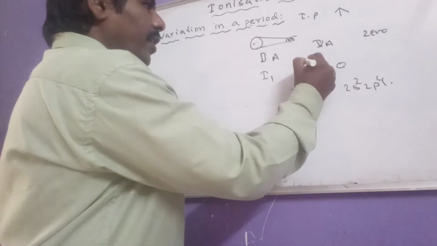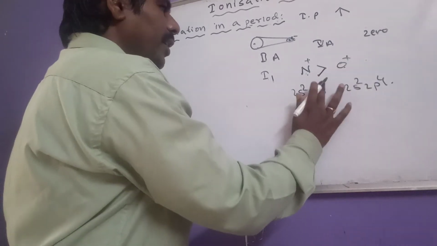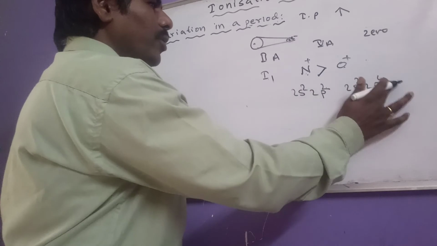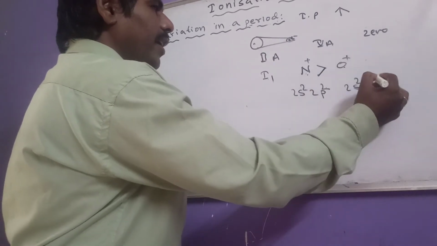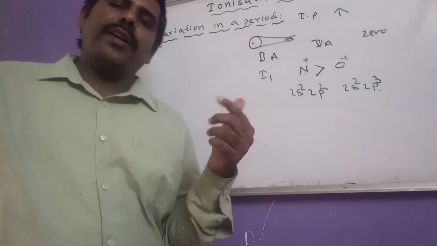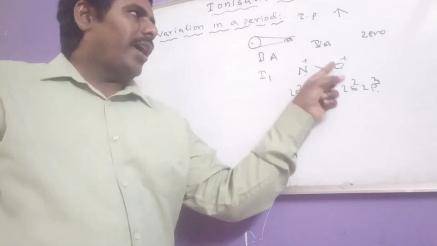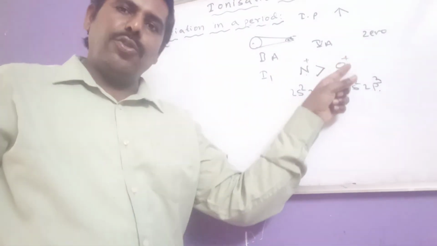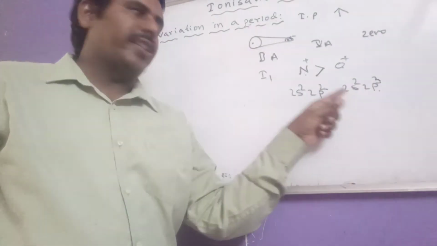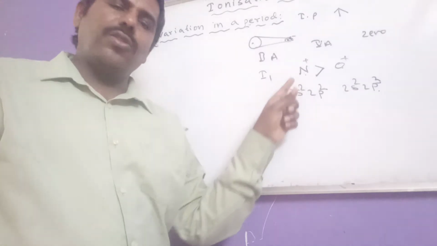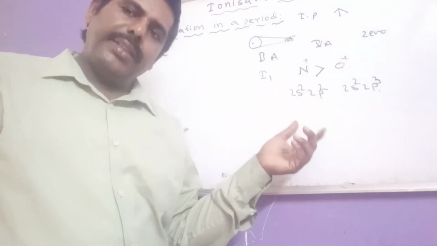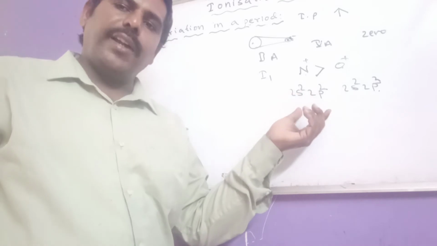But after removing one electron, what is the configuration? Nitrogen plus becomes 2s2 2p2, and oxygen plus becomes 2s2 2p3. That means after removal of one electron, unipositive oxygen gets a half-filled configuration, and unipositive nitrogen gets an incompletely filled configuration.